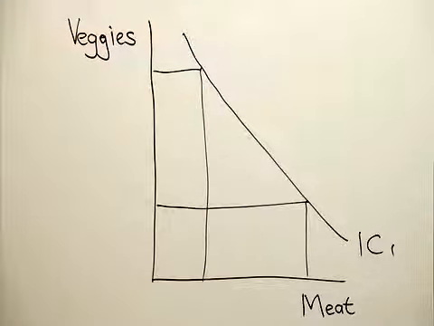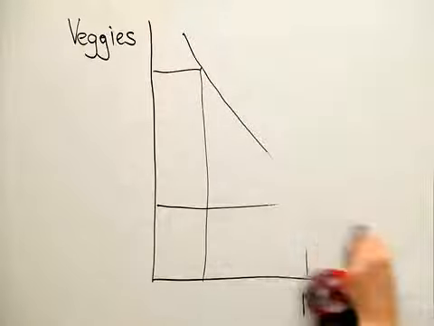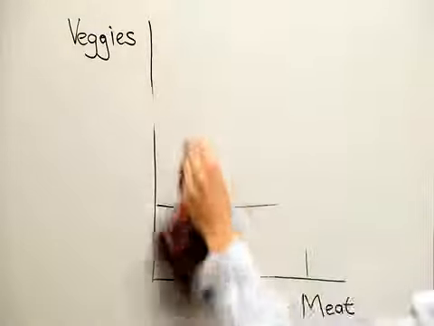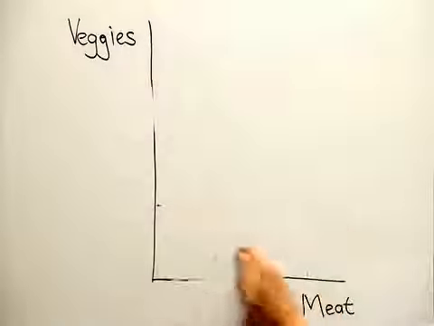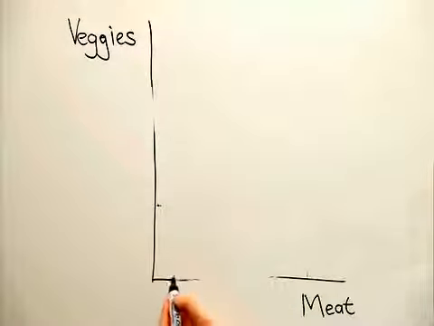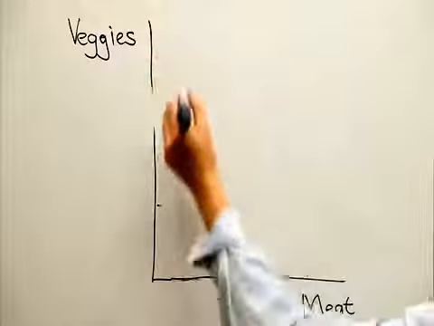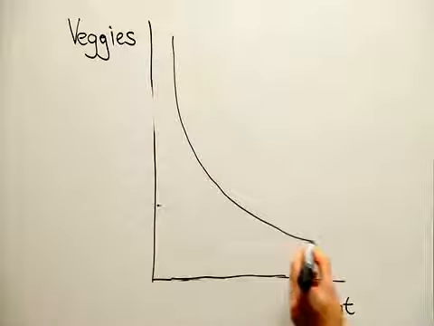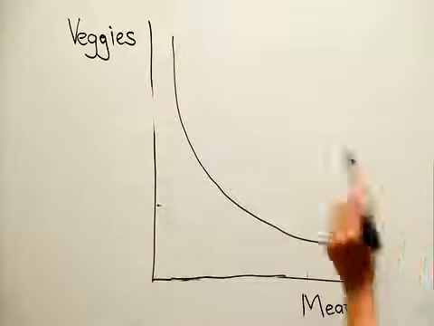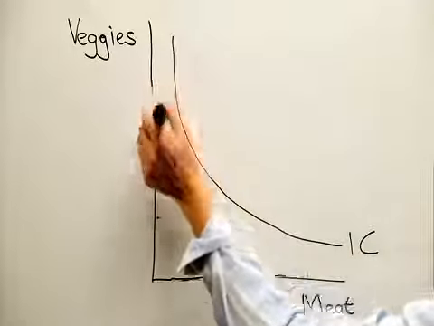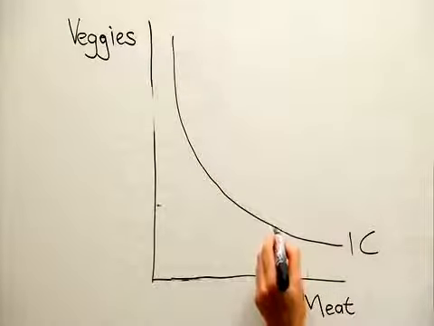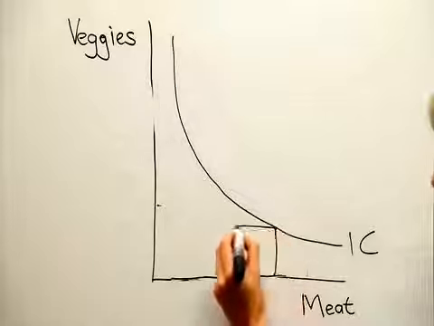The first assumption is that we can rank all choices. So if you are given a choice between vegetables and meat, at every single point on these two axes, you can decide how much meat you will have when you have a certain amount of vegetables and vice versa.